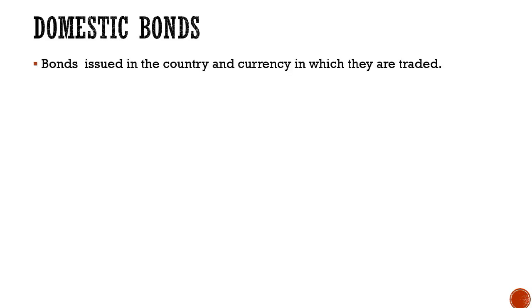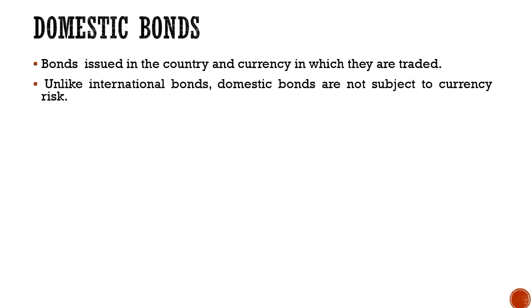Now as we said, bond markets are categorized in three parts, out of which the first one is the domestic bond. The bonds issued in the country and currency in which they are traded are basically known as domestic bonds.